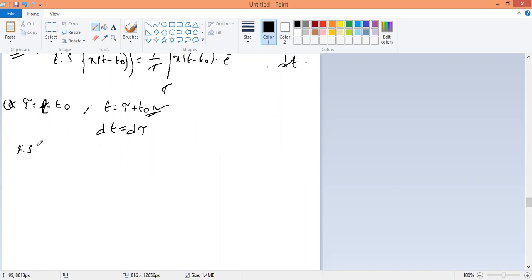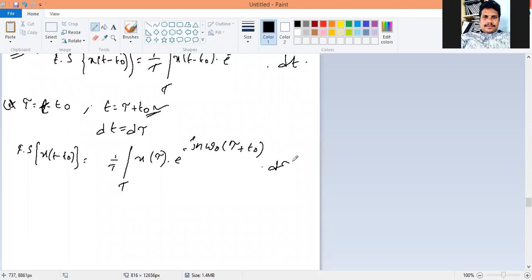The Fourier series of x of t minus t naught equals 1 by T integral over T of x of tau into e power minus j n omega naught t. Now instead of t, substitute tau plus t naught, with d tau.